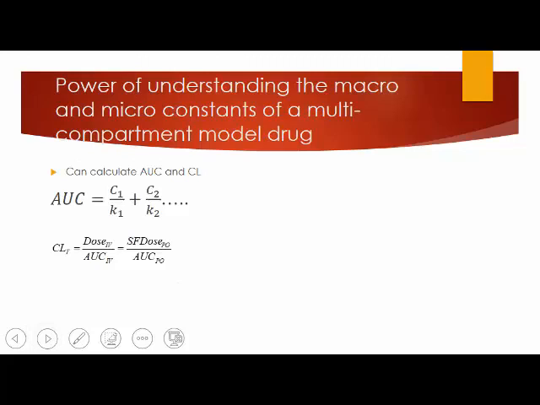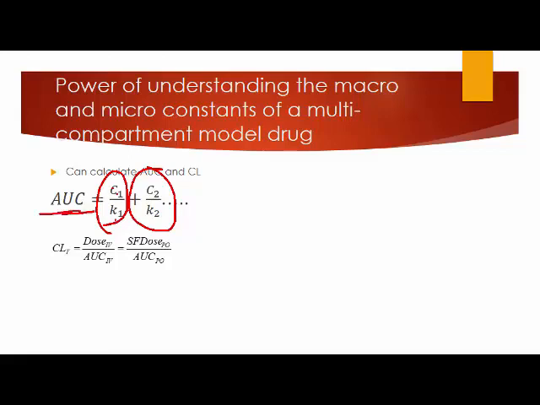You also can determine your area under the curve this way without using the trapezoidal rule, which should make you all happy. You can figure out your area under the curve by using your macro constants: your first compartment y-intercept over the slope, plus the same for all your different compartments.